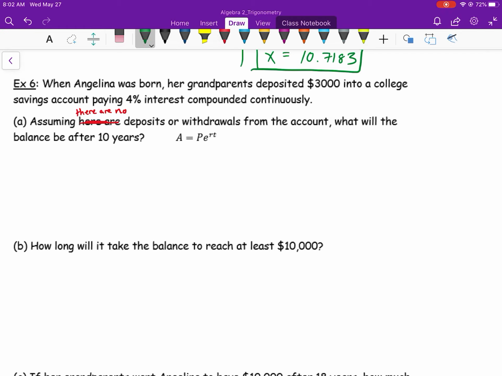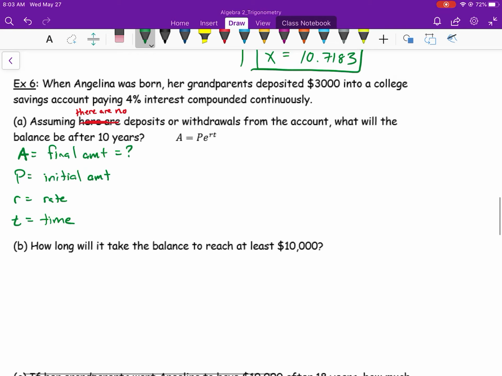So we're given the formula A equals P e to the rt power, where A is our final amount, P is the initial amount, e is the number, r is rate, and t is time.